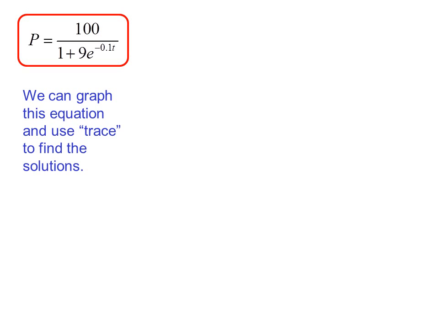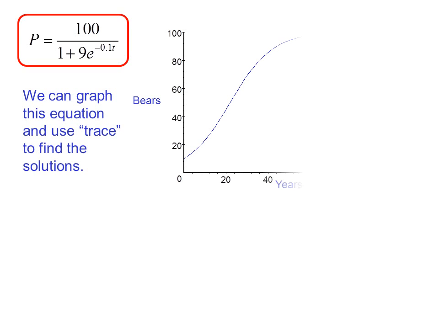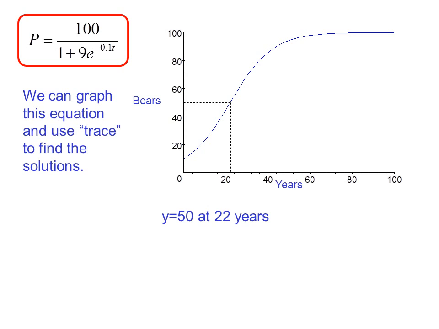We can graph this equation and use trace to find the solutions. We see that y is about 50 at 22 years.